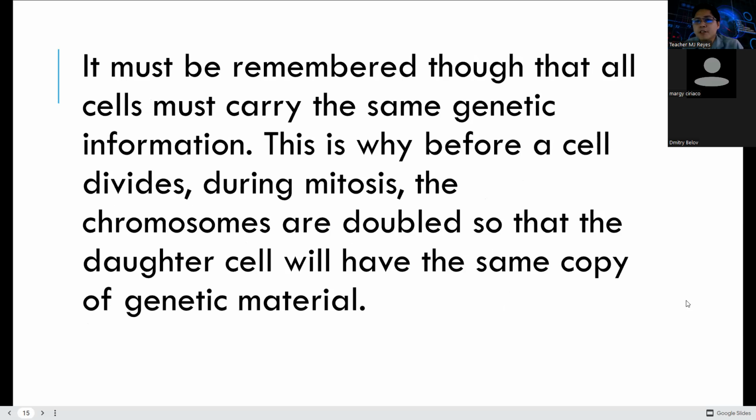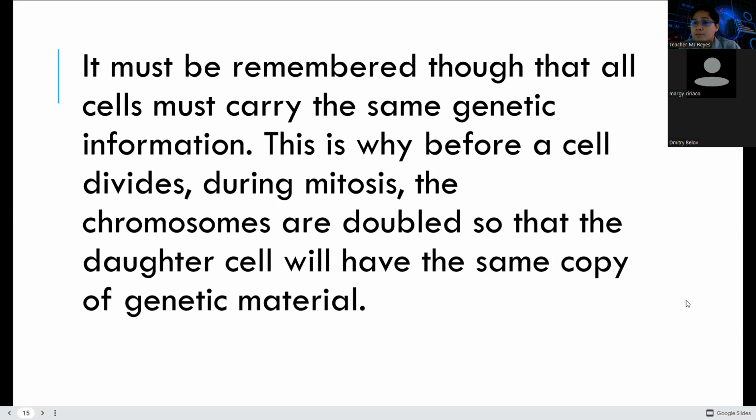It must be remembered, though, that all cells must carry the same genetic information, otherwise it will become what? If a particular cell is different from the rest of the cells, number one, it will become a cyst. Have you heard about cysts?